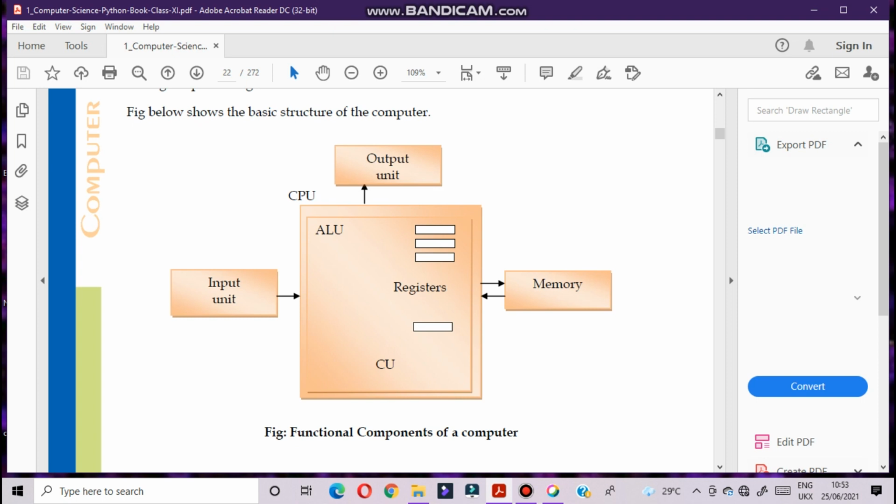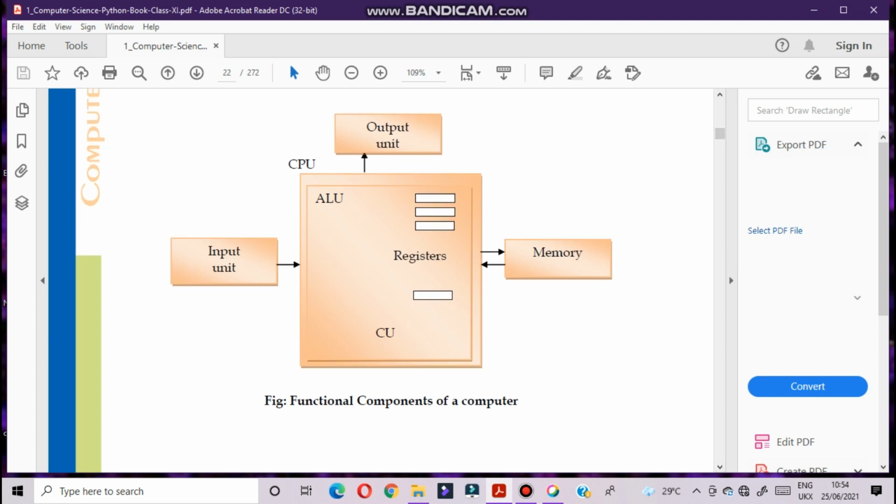After processing it sends the data, I cannot say data here, we will use information, it becomes information. It is sent to the output unit, or output devices, and produces the result, or output. So these are the functional components of a computer.